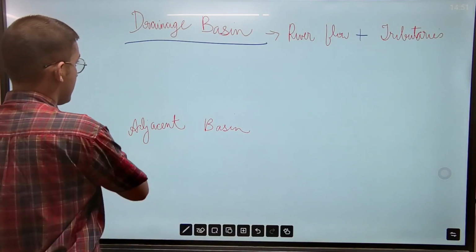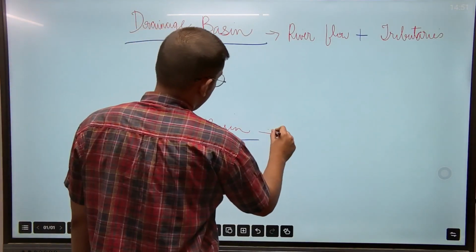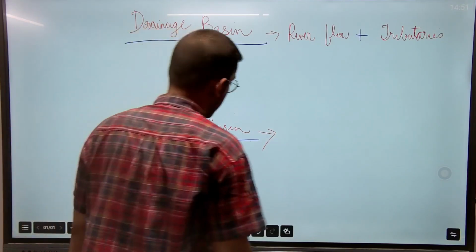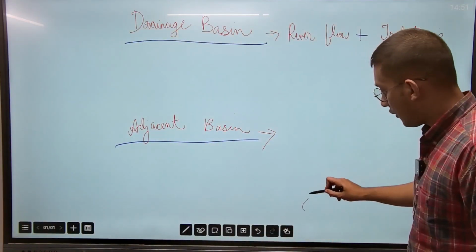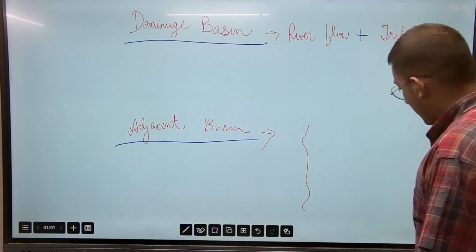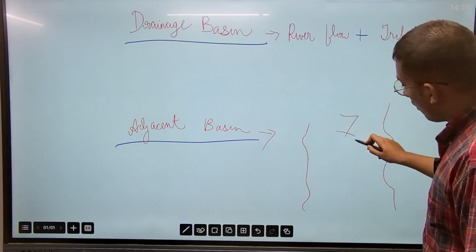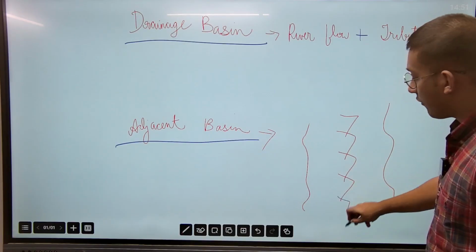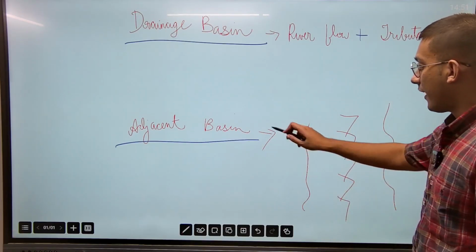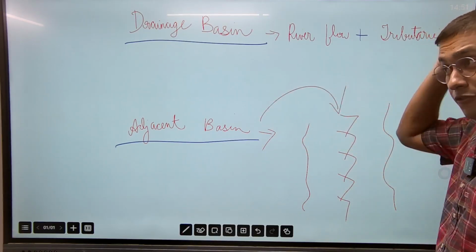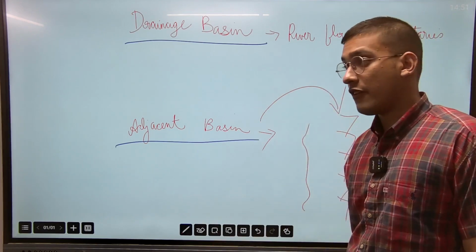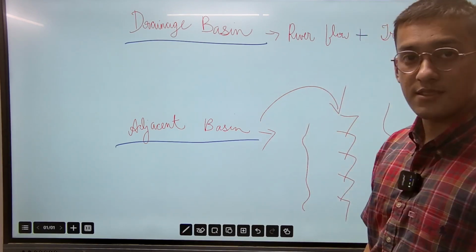So what is your adjacent basin? Easy to remember: suppose this is a river drainage basin, and this is another river drainage basin. The hills in between, which divide the two rivers, will be your adjacent basin. There is often a hill or a ridge dividing two river basins.